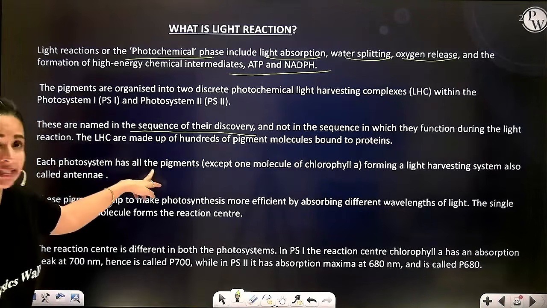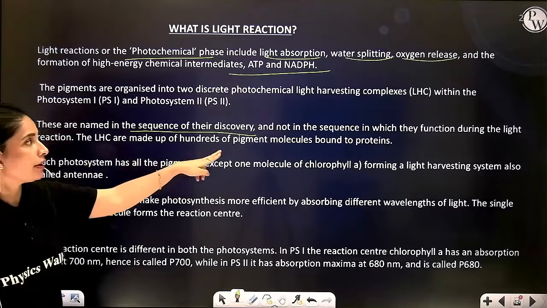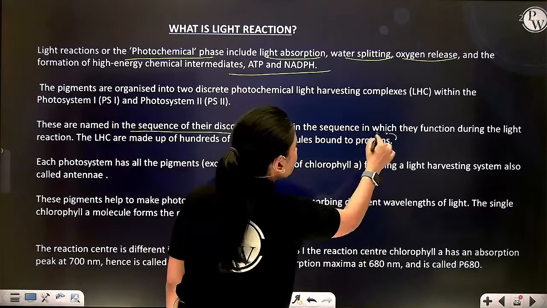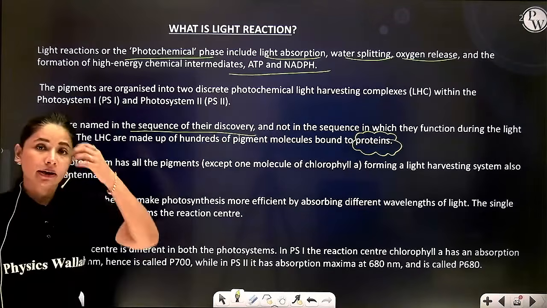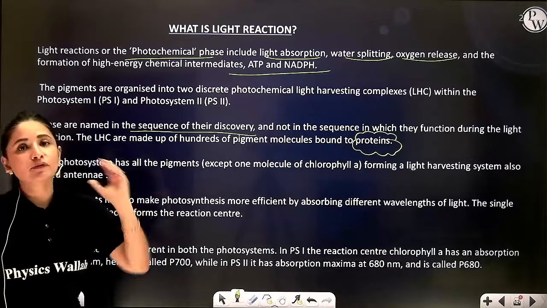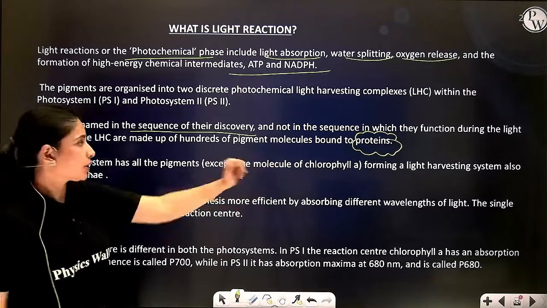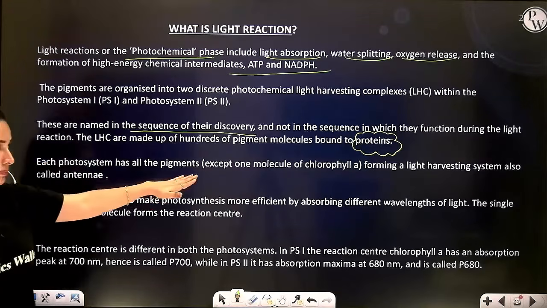The LHC, what is LHC? LHC are made up of hundreds of accessory pigments which are bound to proteins. So what is light harvesting complex? It represents the number of accessory photosynthetic pigments associated with protein. Right? Moving ahead. Each photosystem has all pigments.